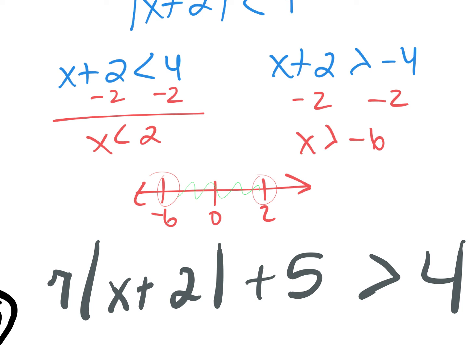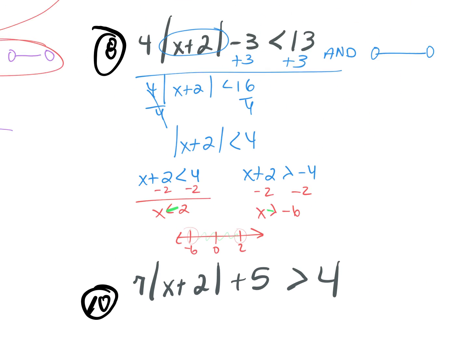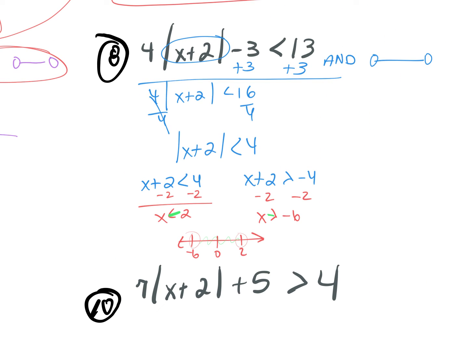Now this is where we can check your inequalities. From 2, I should have colored which direction? To the left, did you? Yeah. From -6, you should have colored which direction? To the right, did you? Yes, okay. If you want to go one more step to check, plug in 0. Should 0 work? Yeah, so you can just do it in your head. What's 0 plus 2? 2. What's the absolute value of 2?